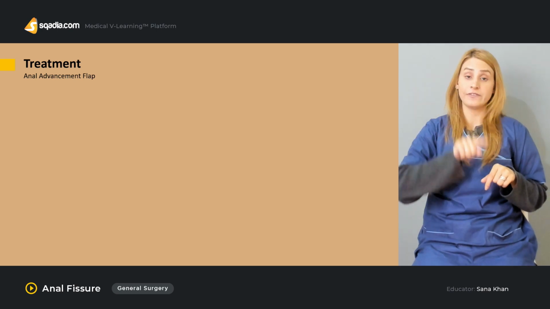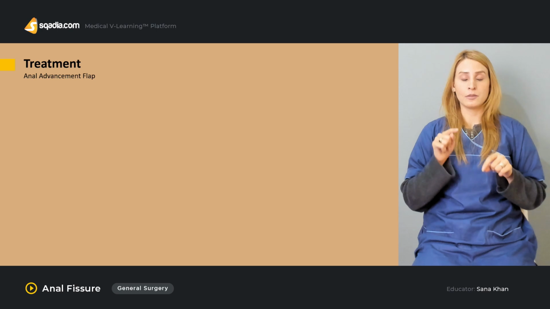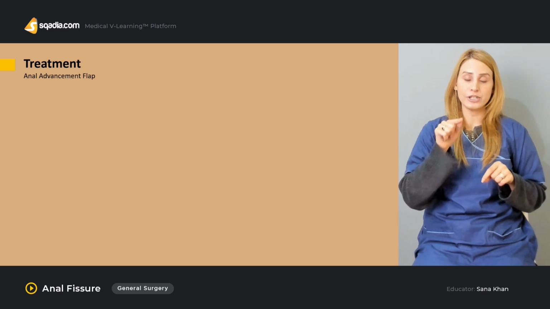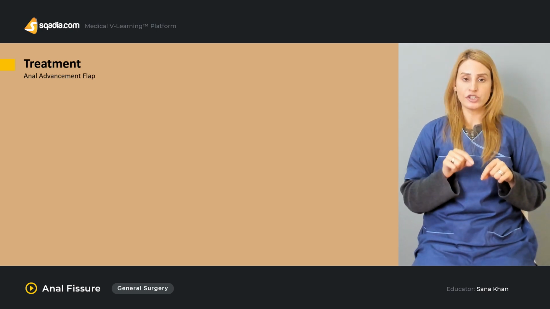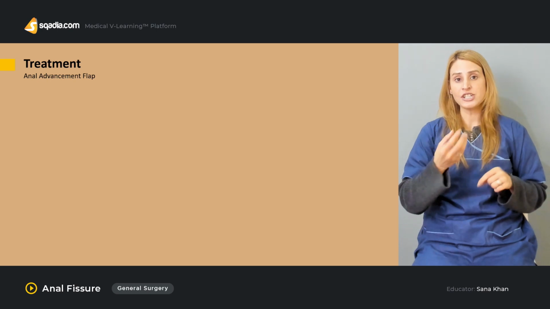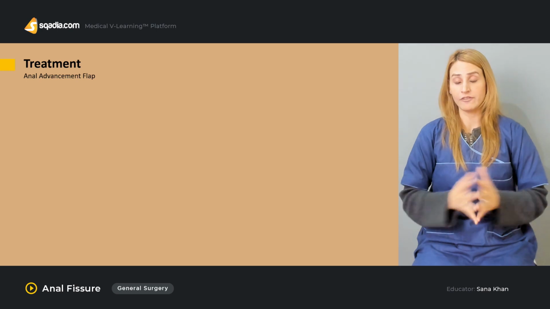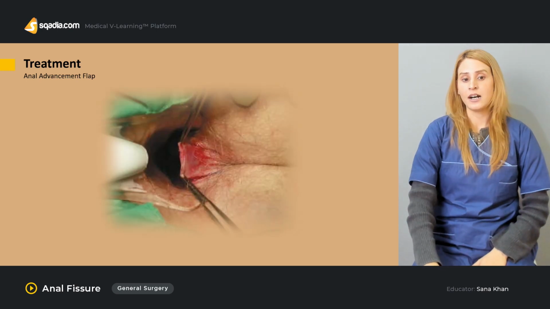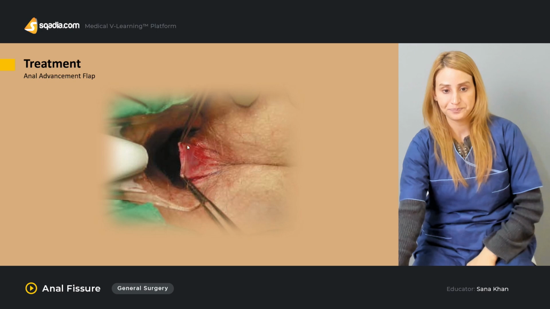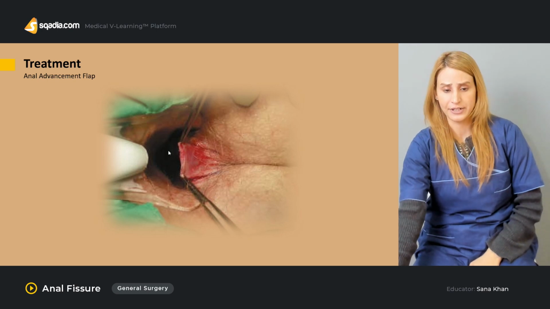A VY plasty is done: a V-shaped incision is initially given, which is extended into a Y shape, and you pull it and close the defect. That is a VY flap. And there can be some others, but you can see that was the area.